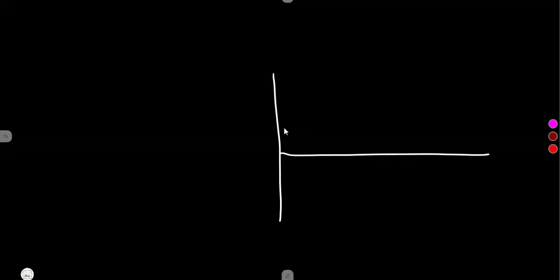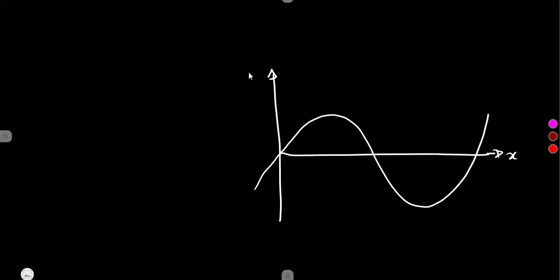Let us say you have a condition like this. You have a certain function that you have drawn, and it is just like this one, all right, of this nature. If we consider this function, there is a section that is above the x-axis, and there's a section which lies below the x-axis.